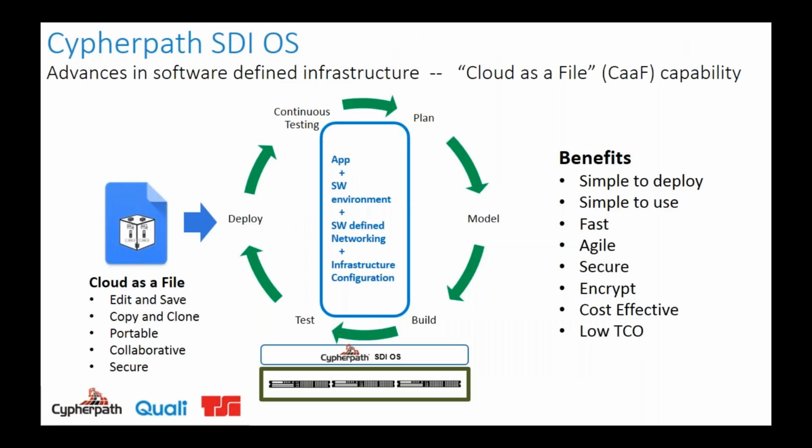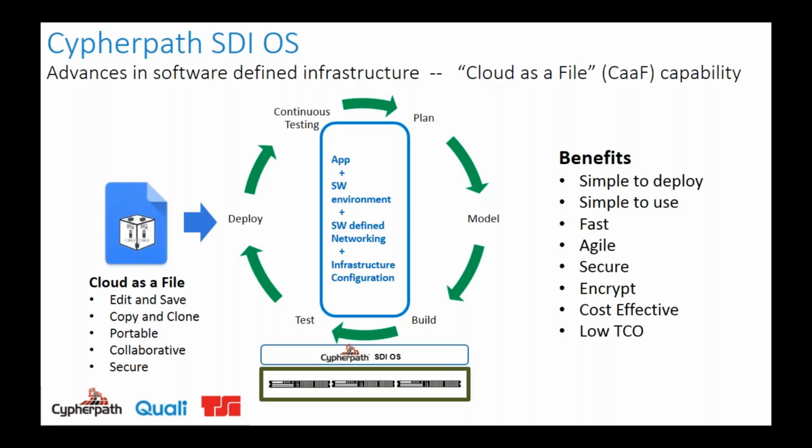As I mentioned earlier, Cypherpath SDIOS defines a cloud-like workload environment as a single standalone software file, which is called Cloud as a File. What we call in short form a CAF, C-A-A-F.